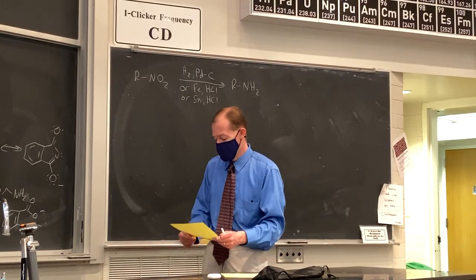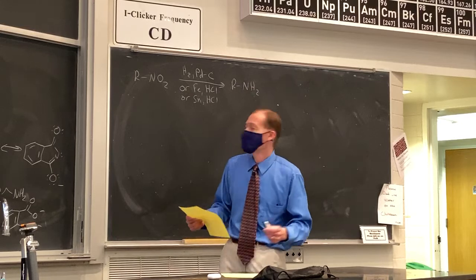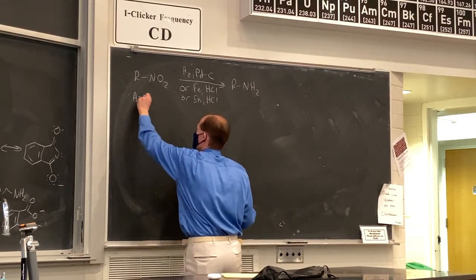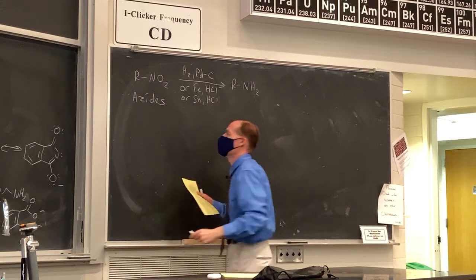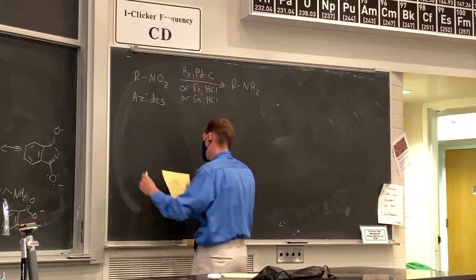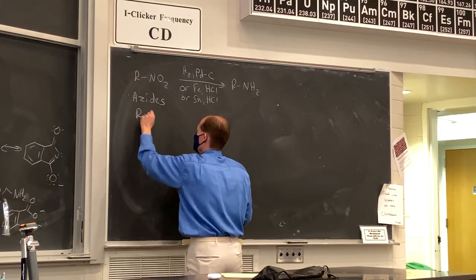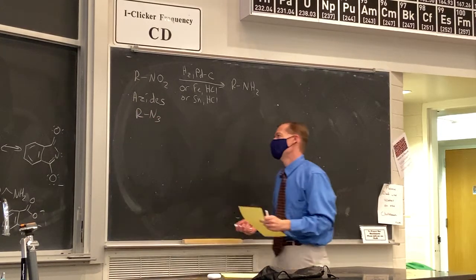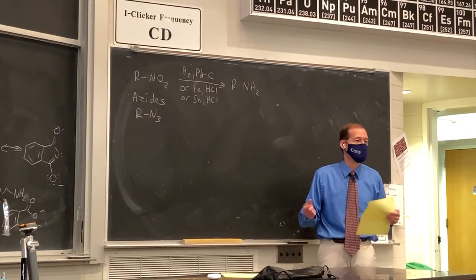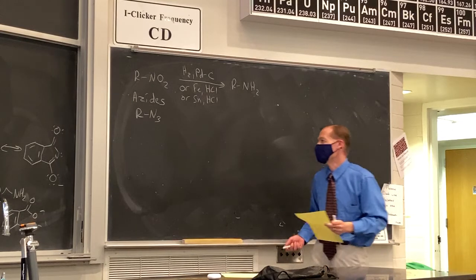There are other functional groups that we can reduce to make amines, and there's one that's not shown in the book, but it should be, because this is very common, and that is the azide. Azide is N3. We learned N3 minus as a strong nucleophile back in chapter 7 in SN2 reactions, azide ion.